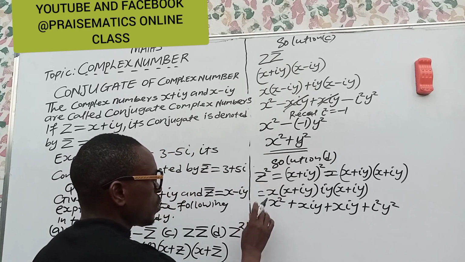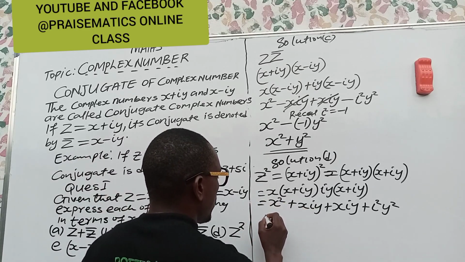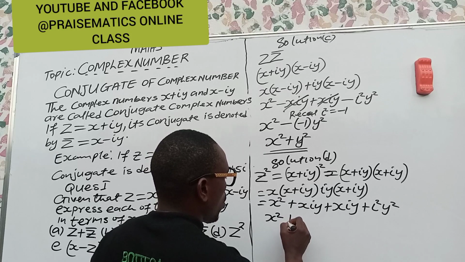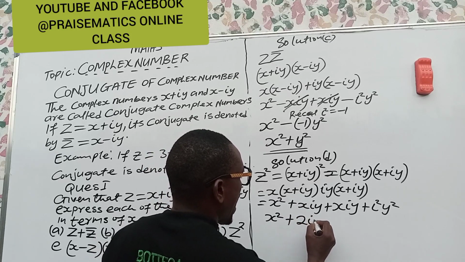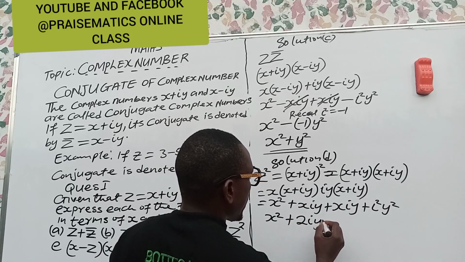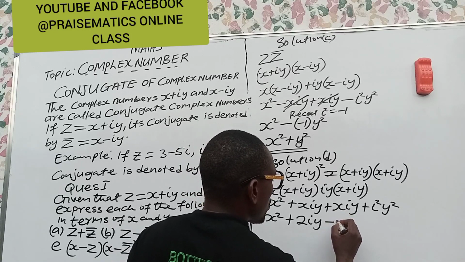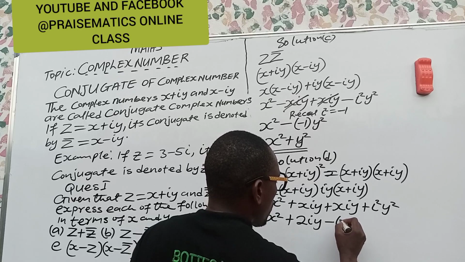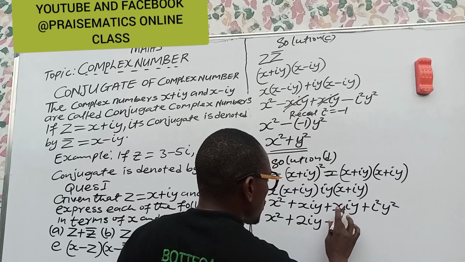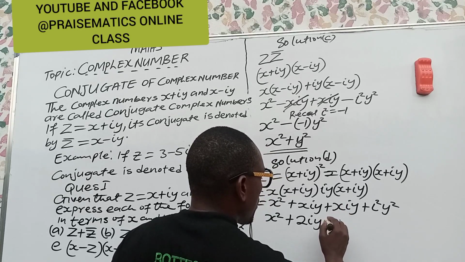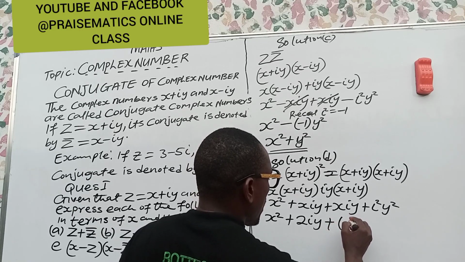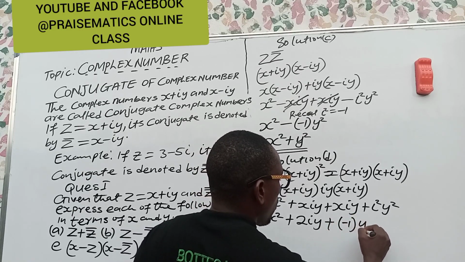If we collect like terms, we have x squared plus 2iy, plus i squared y squared, which is minus 1 y squared.